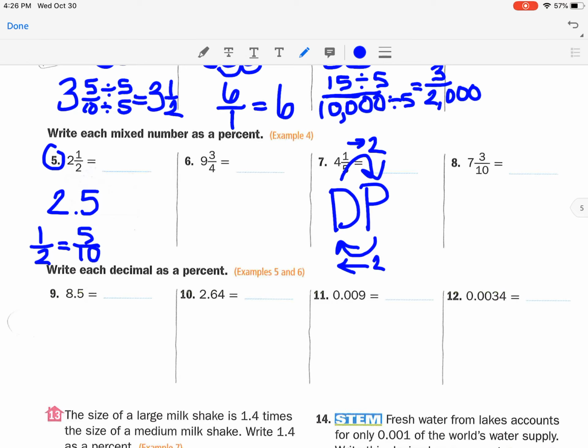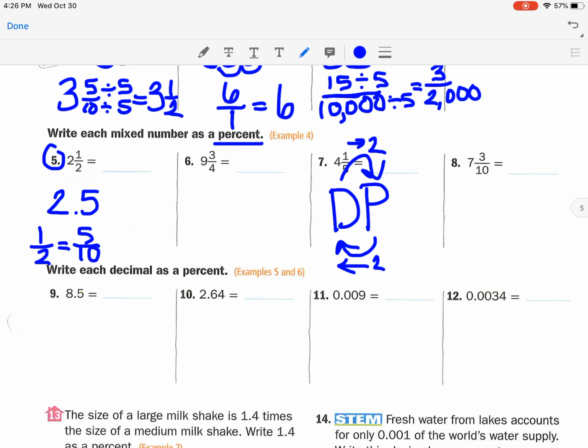All right, so now we have our decimal, and we are going to a percent. So if I'm going from a decimal to a percent, again, looking at that picture right here, I know that I need to move it 2 places to the right, 1, 2, which is going to give me 250%.